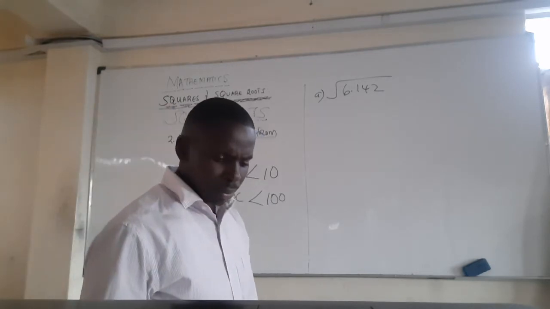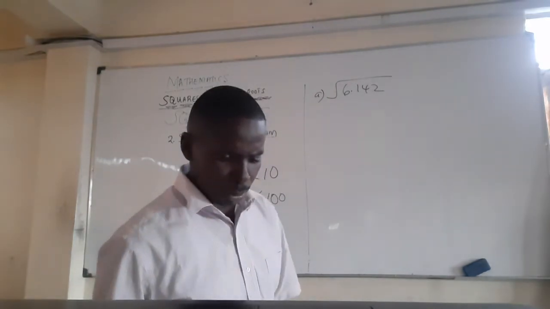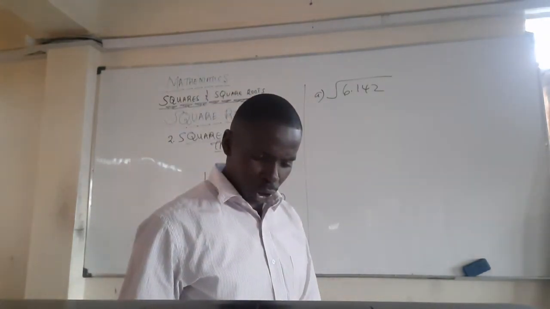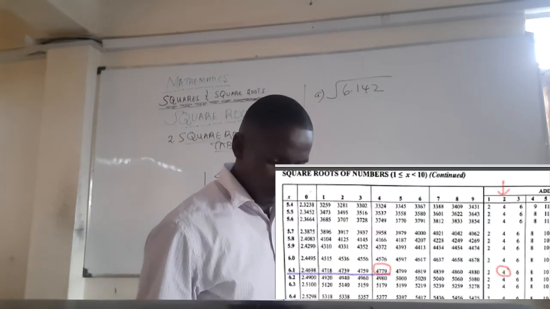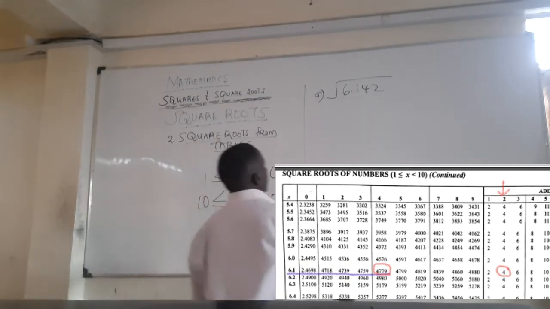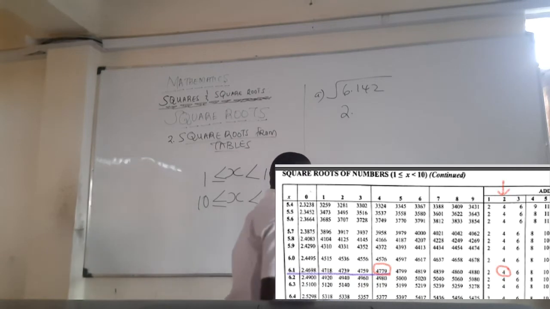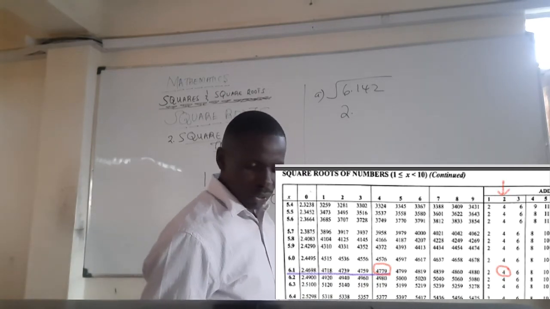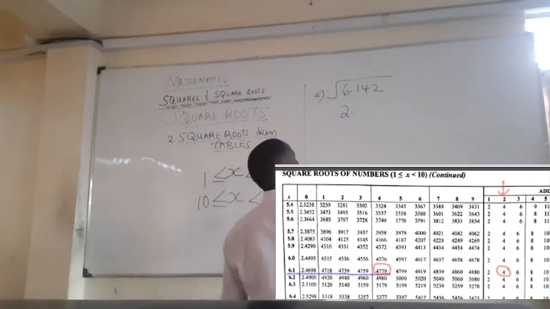So here, we look at the square root of 6.14 from the table. Square root of 6.14, then we add 2. So for 6.14, everything in that column gives 2 point 4779.